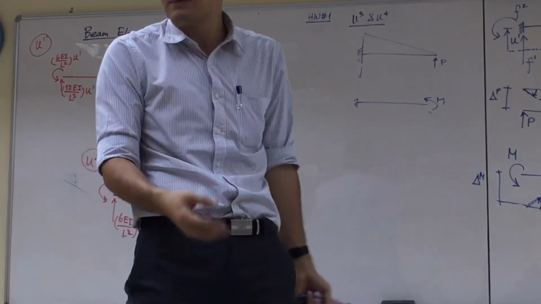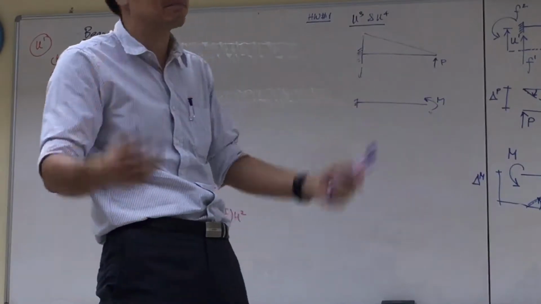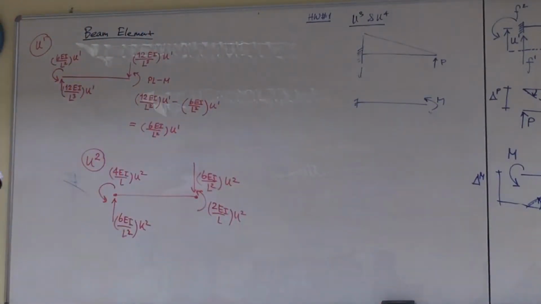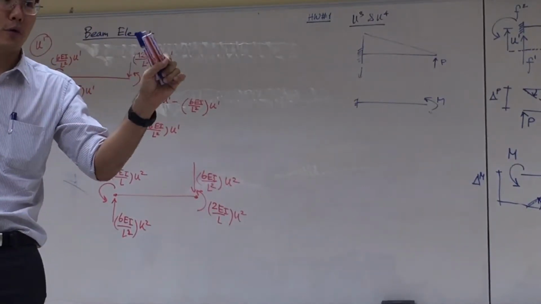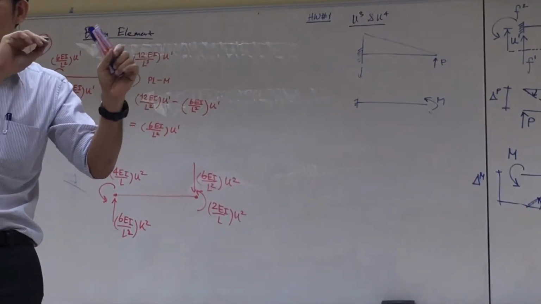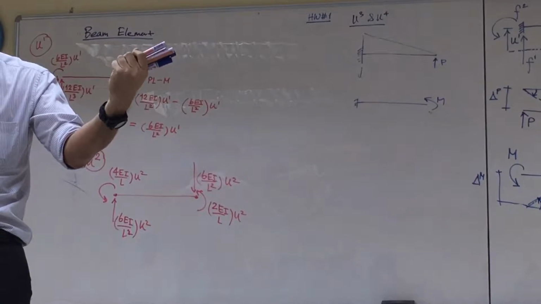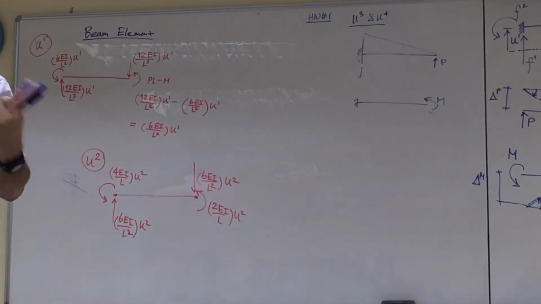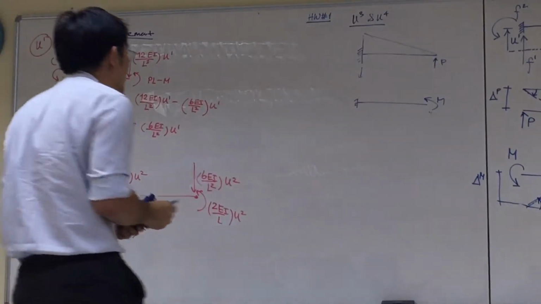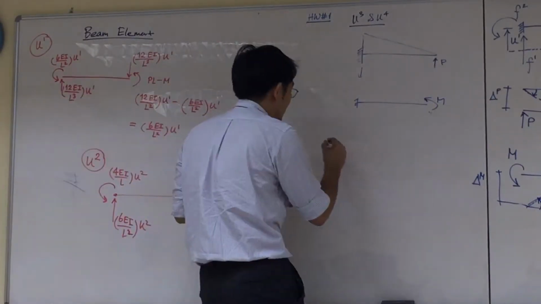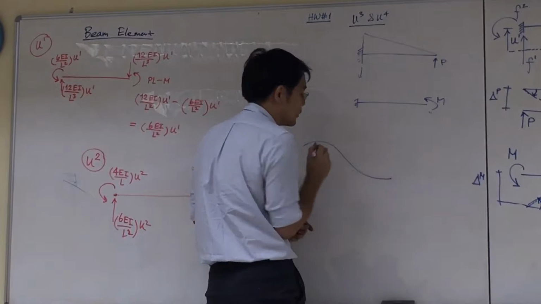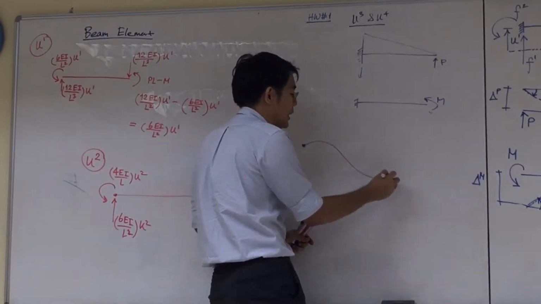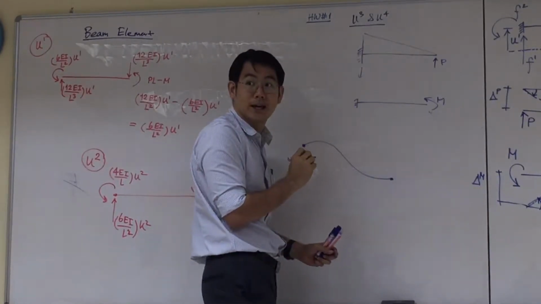So you can superimpose all these four, and then you can come up with the corresponding forces and moment at each degree of freedom, right?